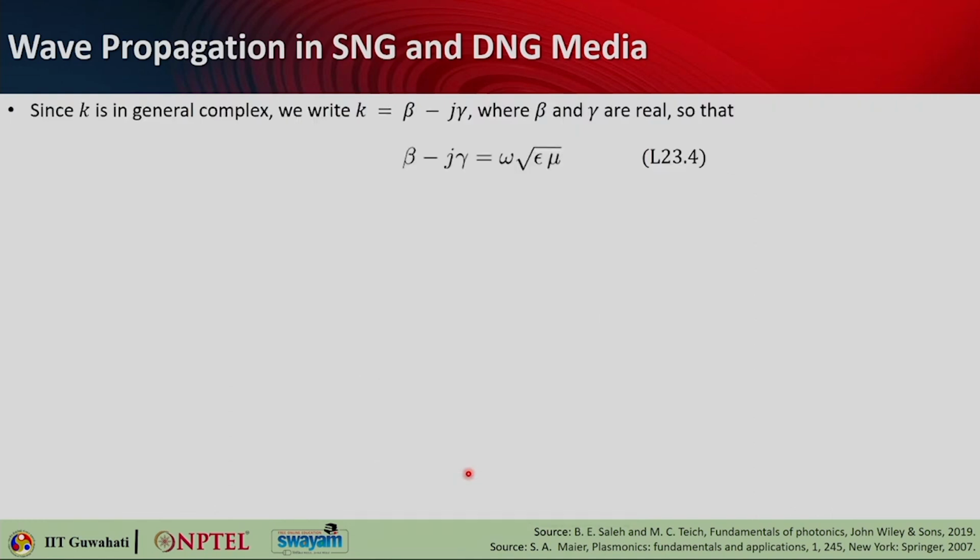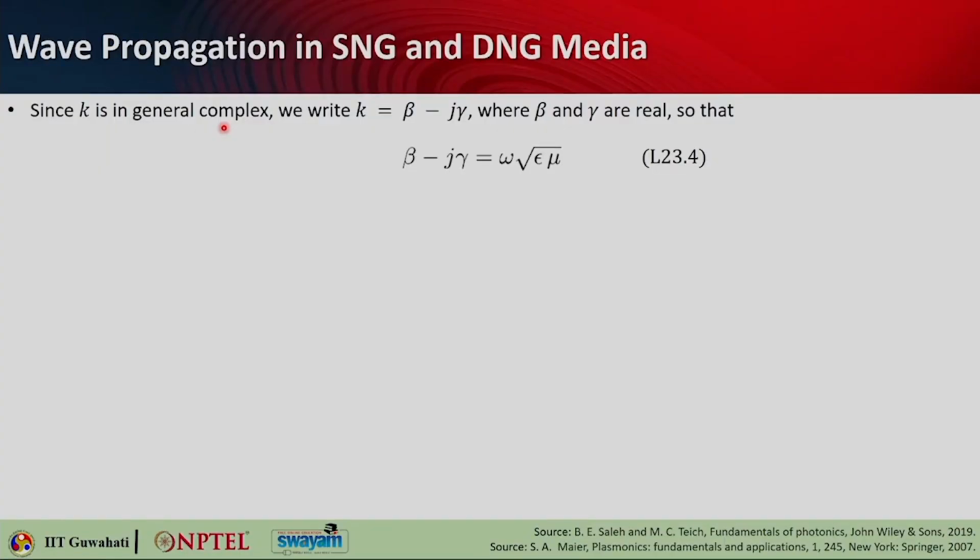So this is the formula, and these are the important characteristics of the wave propagation through any medium. Now the wave number that we have seen is generally complex, and we can always break it into two parts. You can write it as k equals beta minus j gamma.